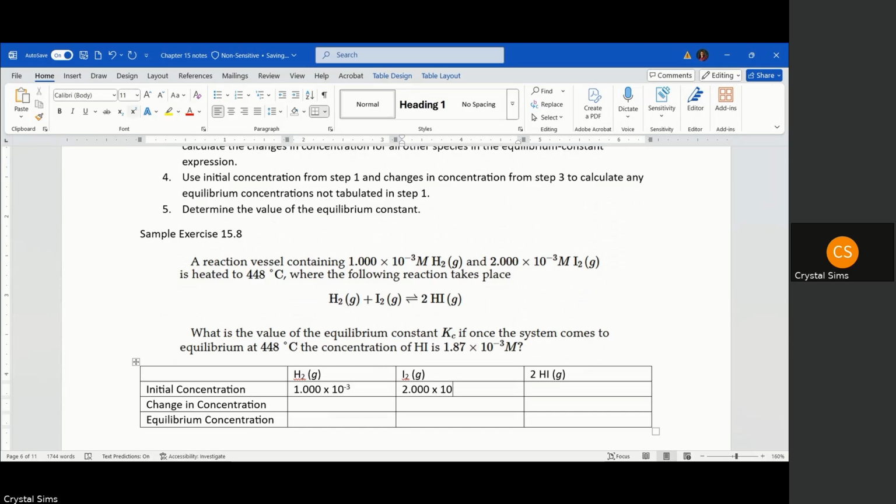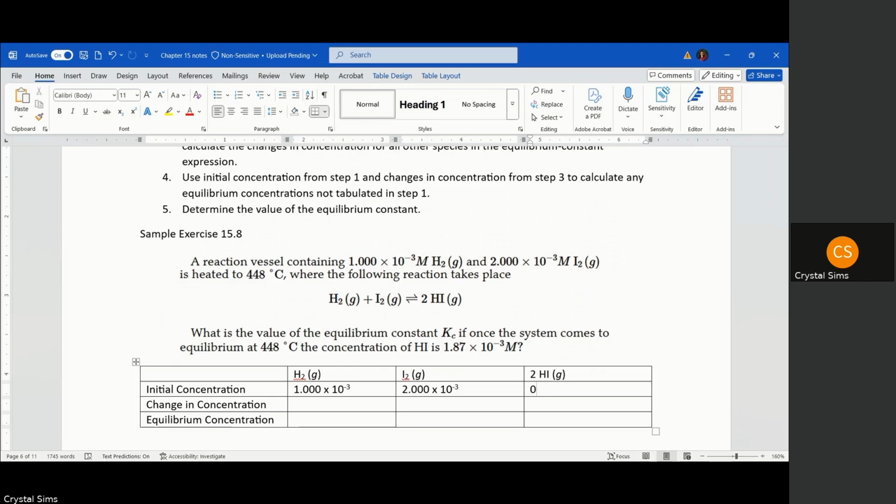So I type this in from my problem, and at initial concentration, I have no product, right? We can agree that at the very beginning, we have no product. We haven't started the reaction yet. This is just what we're starting with, our reactant. So our initial concentration of the hydrogen iodide, or hydrogen monoiodide, sorry, is 0.